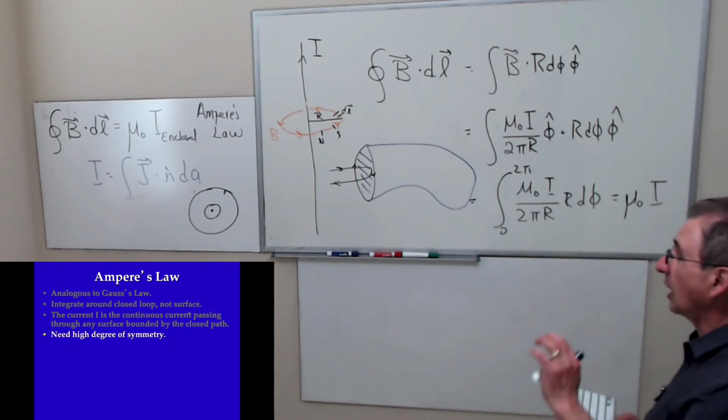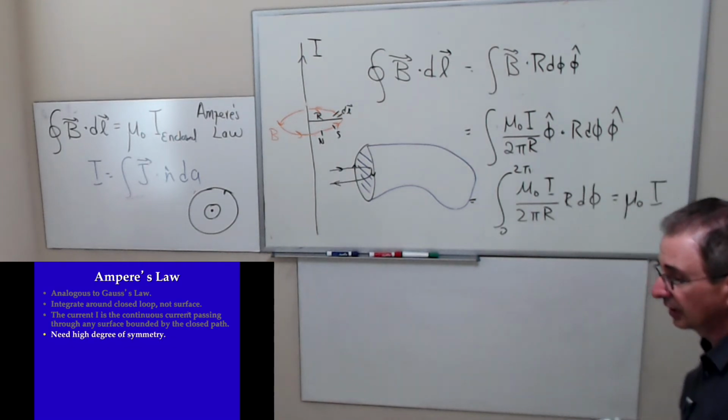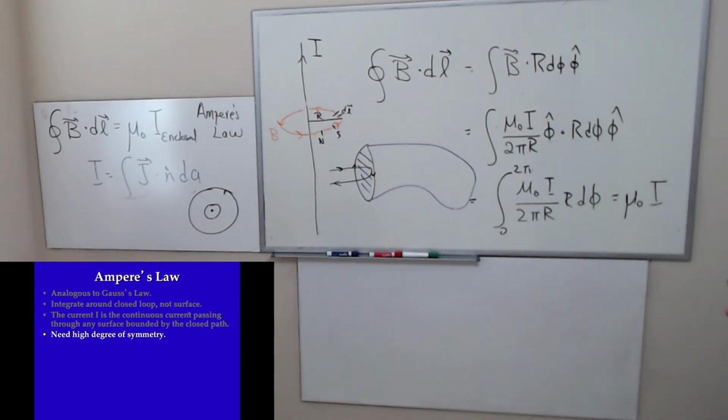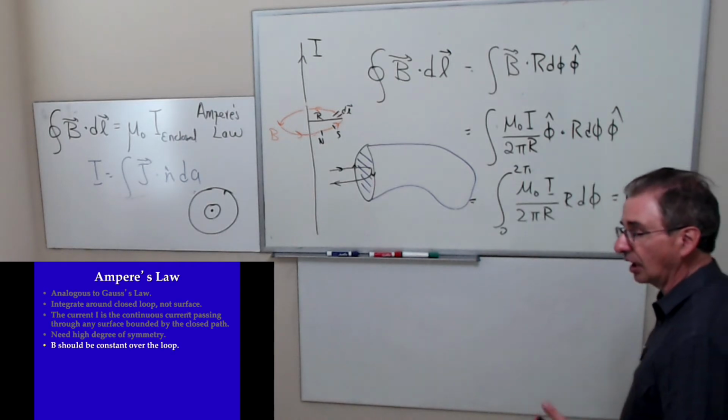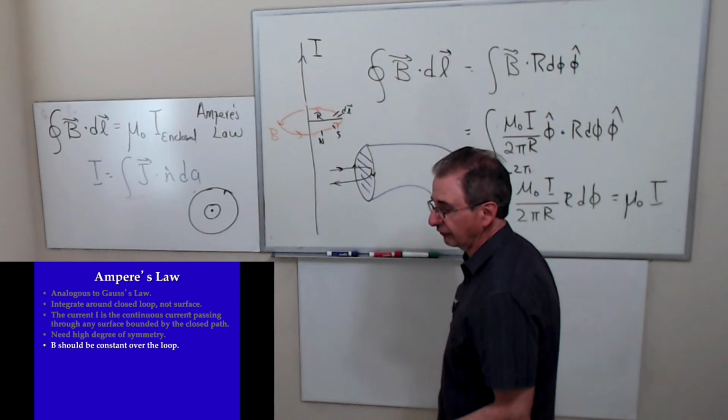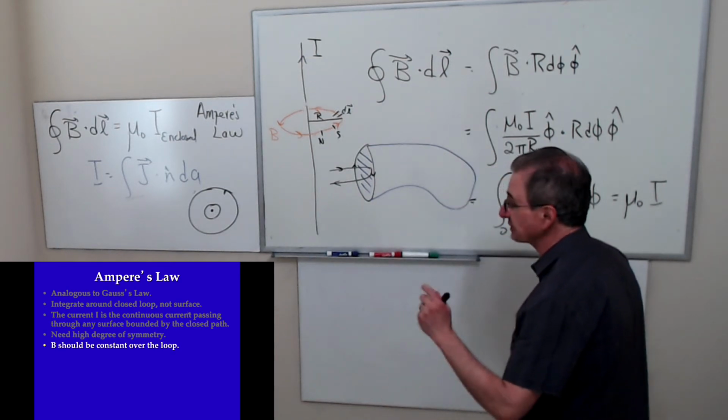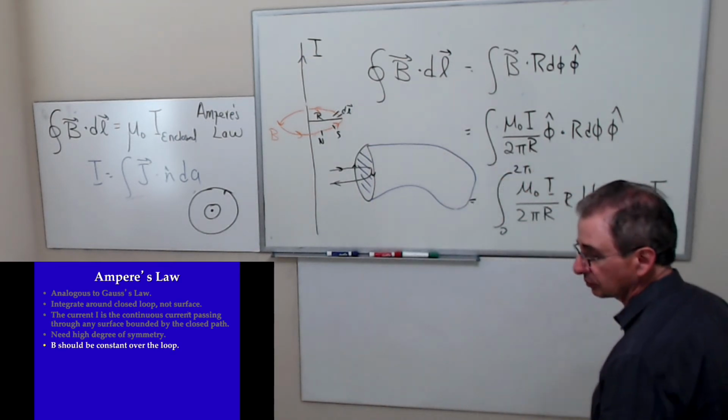If you want to use Ampere's law to calculate magnetic fields, you need to have a high degree of symmetry, even higher than in Gauss's law. In order for you to use Ampere's law to calculate a magnetic field, the magnetic field has to be uniform over the loop.